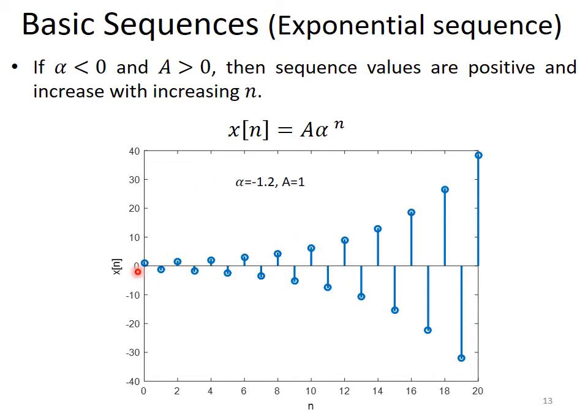The first sample, when n is 0, is equal to a. When n is even, we have positive amplitude, and when n is odd, we have negative amplitude. When n is 1, we have negative sample; when n is 2, positive; 3 negative; 4 positive; 5 negative, and so on.